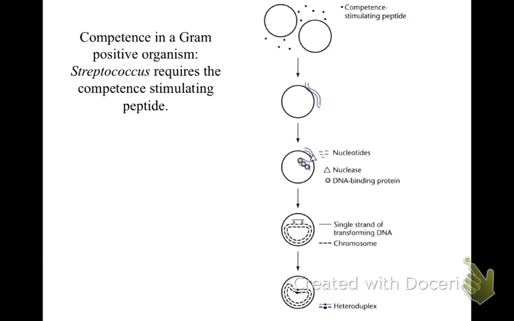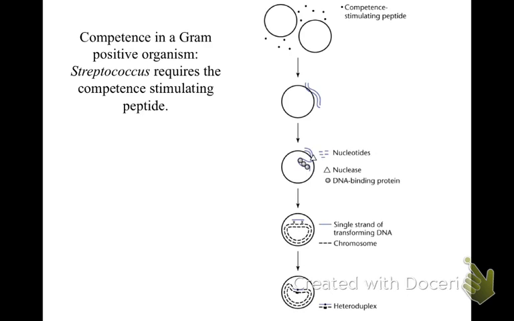I mentioned that the whole process of competence is a highly regulated process in most organisms. And one of the ways that cells do this is by monitoring the production of small molecules called inducers, autoinducers.